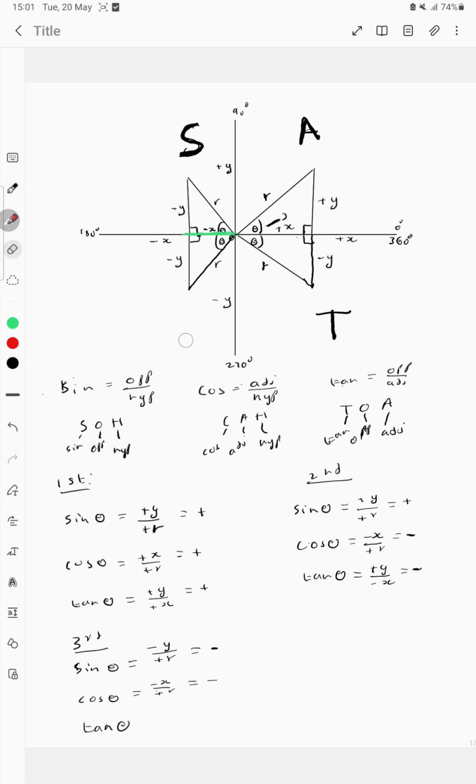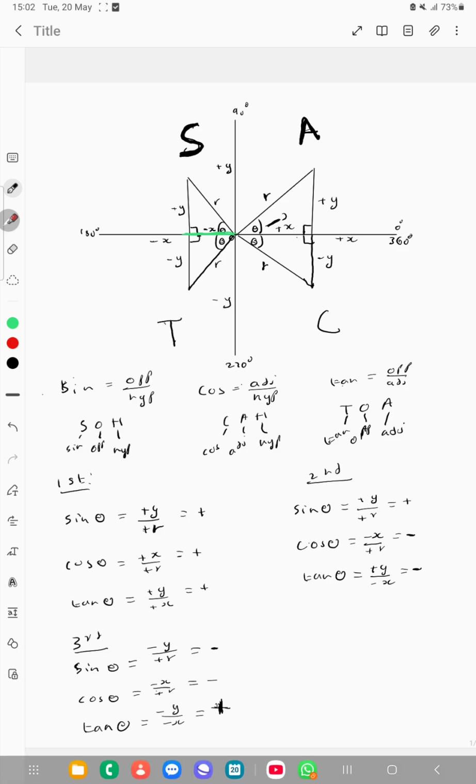Oh, oops, sorry, this is the other way around. And then tan is minus y over minus x, and then negative and negative gives us what? Positive. See, I also make mistakes just like you in the test, so don't judge me. So in the third quadrant, only tan is positive.